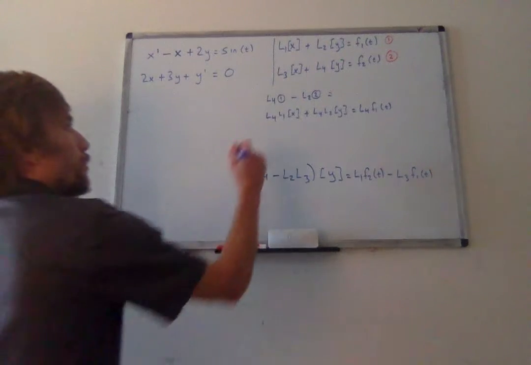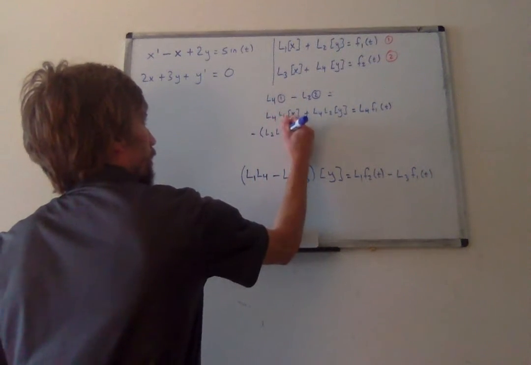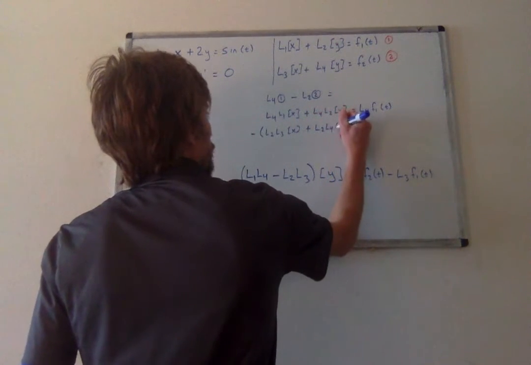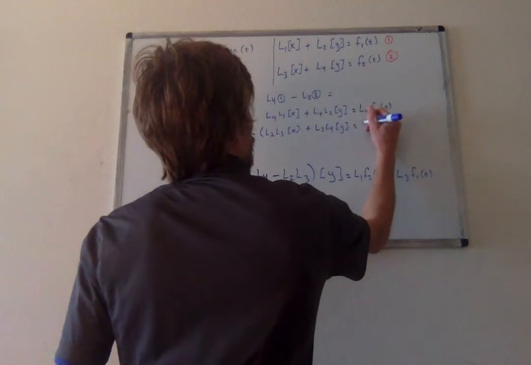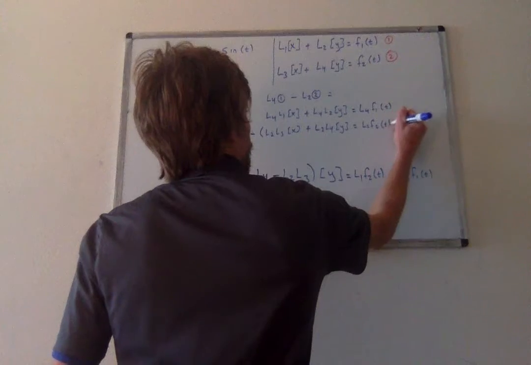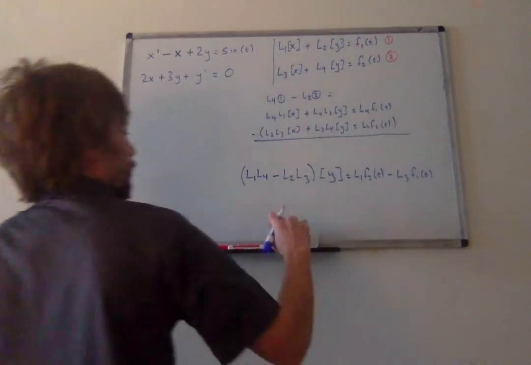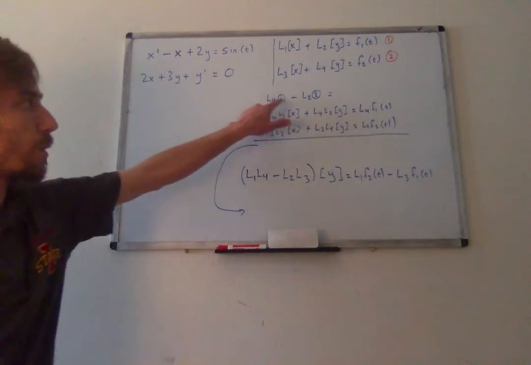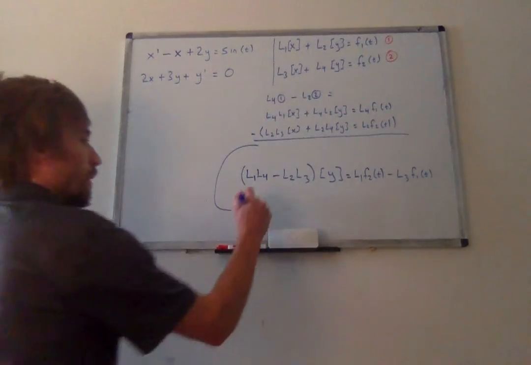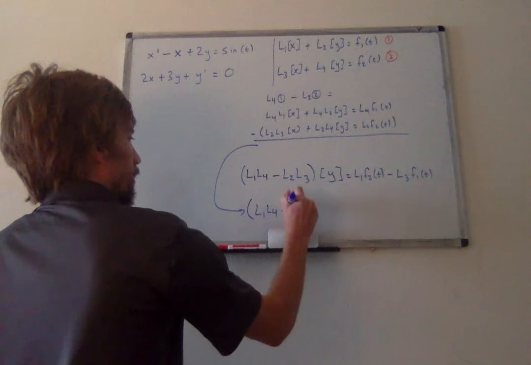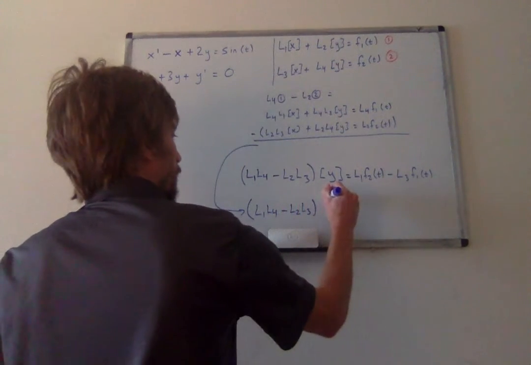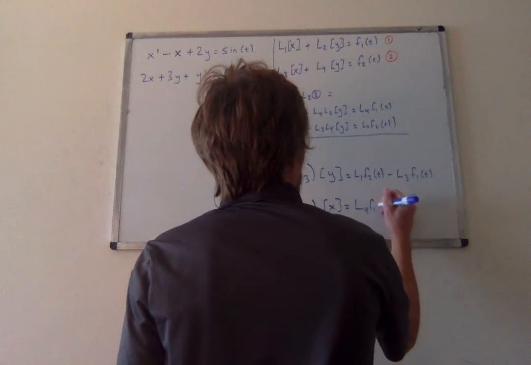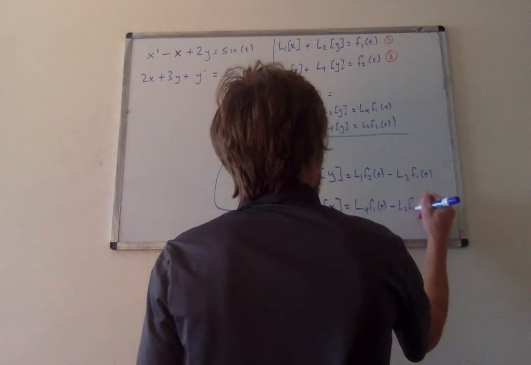Now we're subtracting off L2 L3 applied to x plus L2 L4 applied to y, and that's equal to L2 F2 of t. Notice what this gets us: the difference of L4 times 1 minus L2 times 2 gets us L1 L4 minus L2 L3 applied to x is equal to L4 F1 of t minus L2 F2 of t.